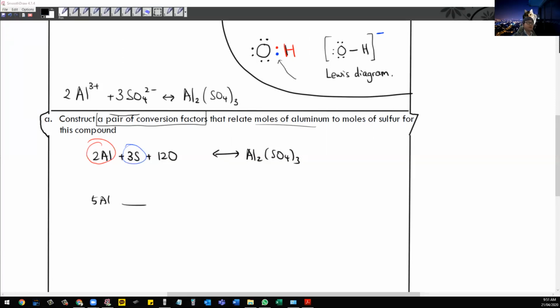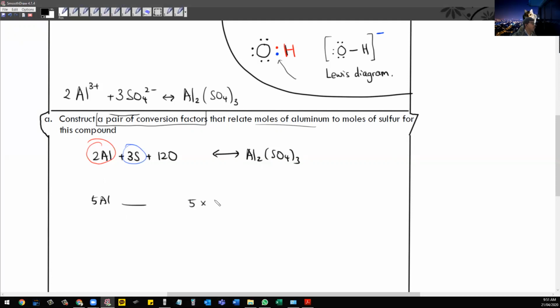So would it be 7.5? Yeah, 7.5. Just divide that one by that and times by this, right? Mm-hmm. So what you did was 5 times 3 over 2. You divide by 2 and times by 3, right? Yeah. So that is known as the pair conversion factor.